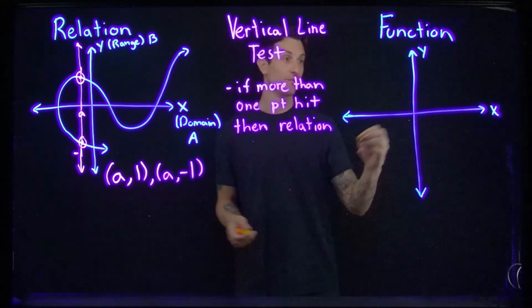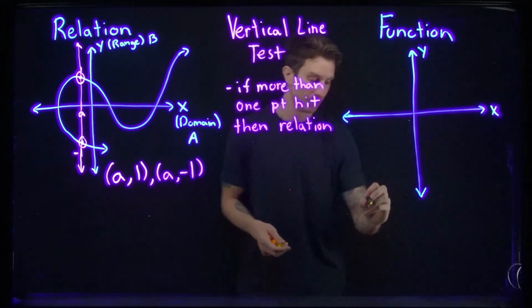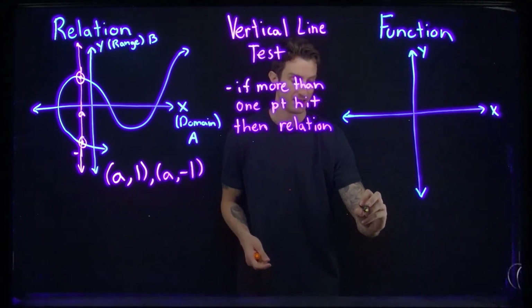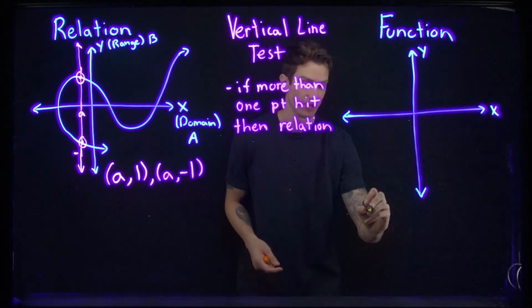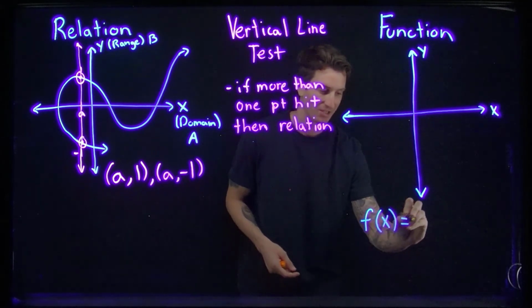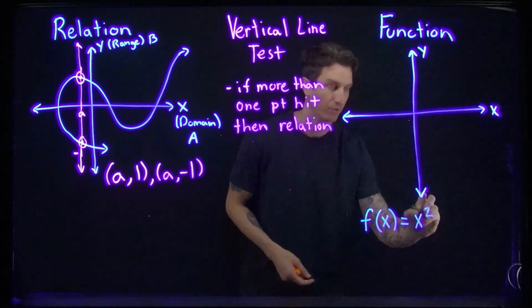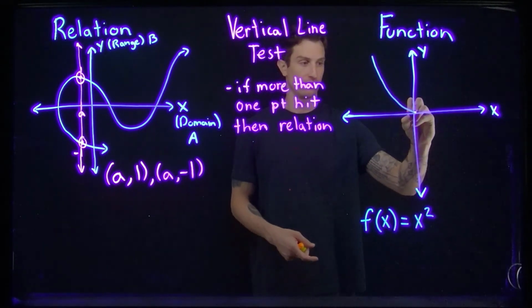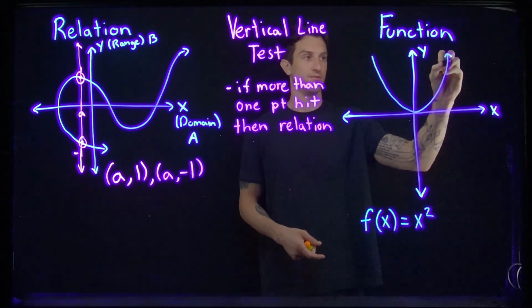And let's do a common function that we might all know. Let's just do an easy one. Let's say f of x, for a function, is equal to x squared. This is just a parabola facing upward. Close enough.